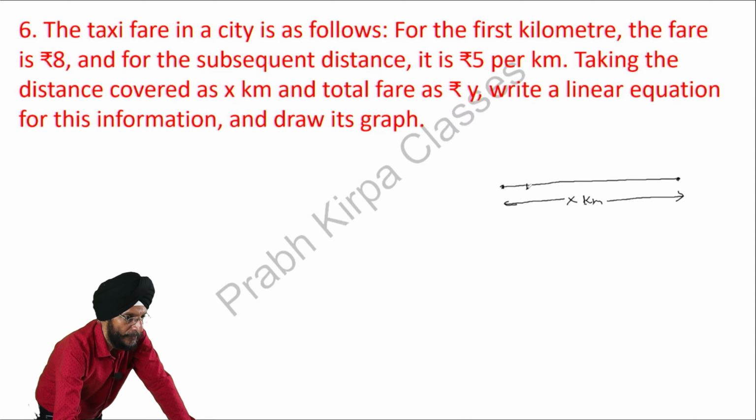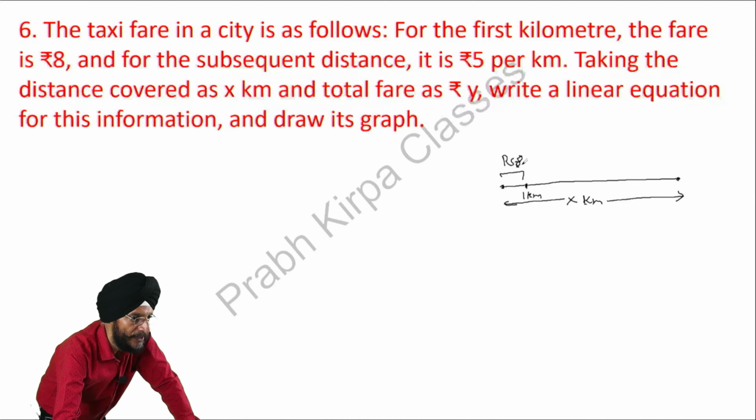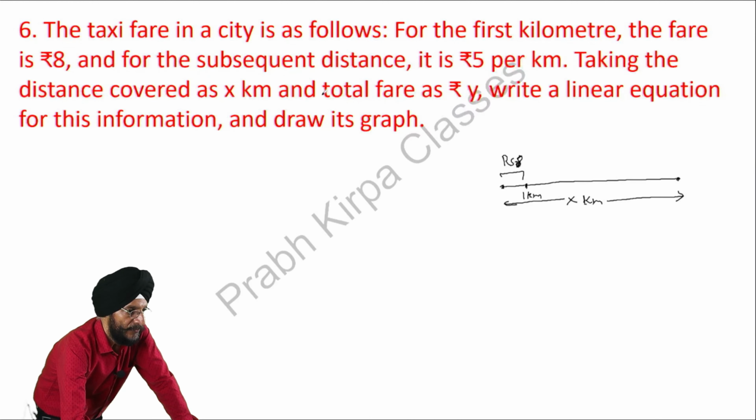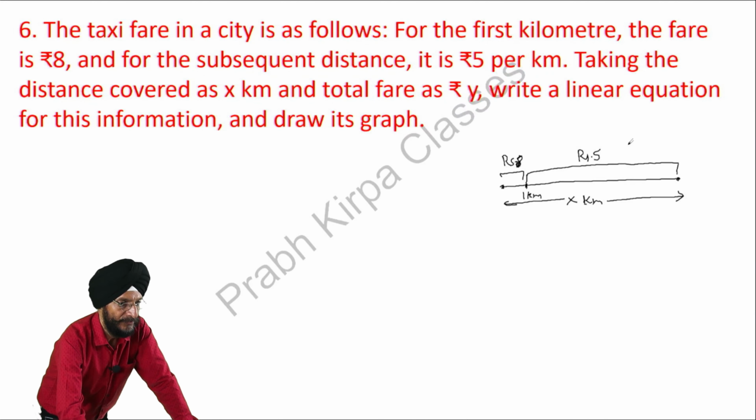Suppose this is the first kilometer. 1 kilometer. What is the rate? Here the rate is from here to here, it is rupees 5 per kilometer. For the first kilometer, it is rupees 8. Then for the subsequent distance, that is from here onward, what is the rate? It is rupees 5.